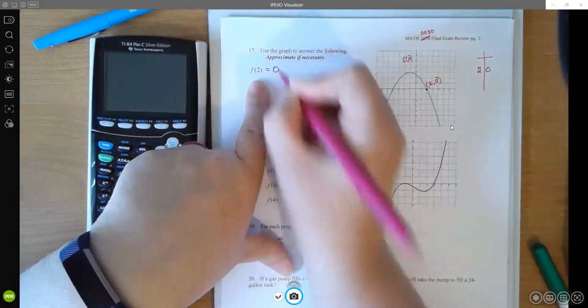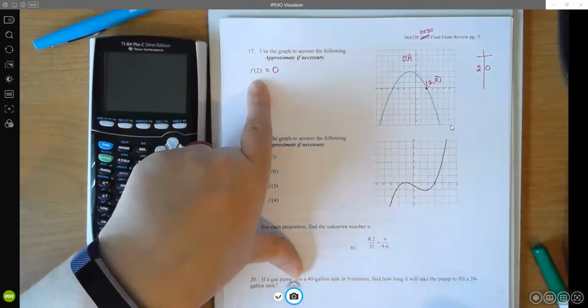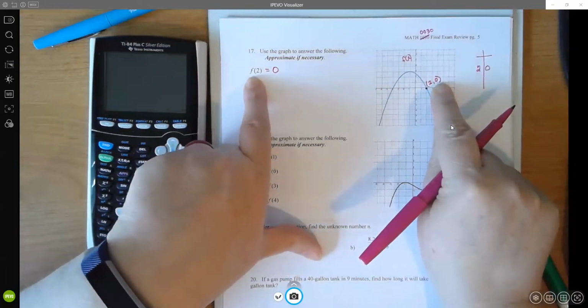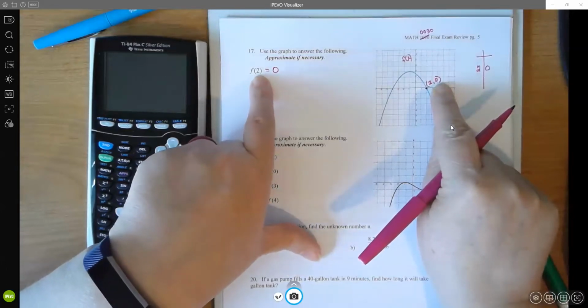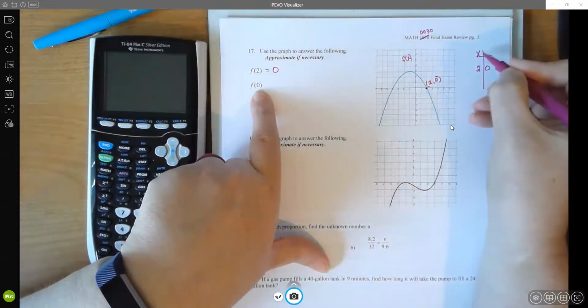And the answer is 0. That's all this problem is asking, to give this y value, this output that goes with this function when the x is 2.